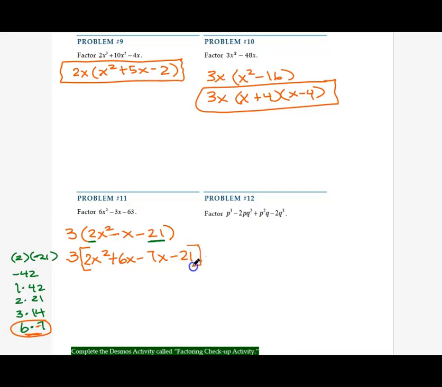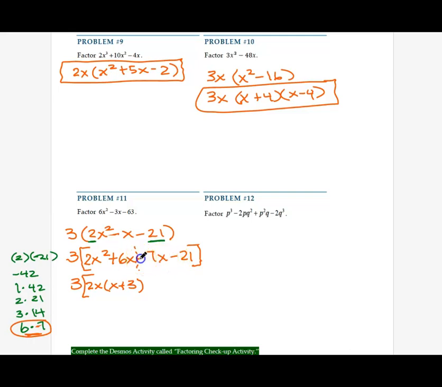All right, now let's go ahead and split that down the middle and do this. So I've got 2x is my greatest common factor of those first two terms, and that's going to leave me with x plus 3. Right? 6x divided by 2x is 3.